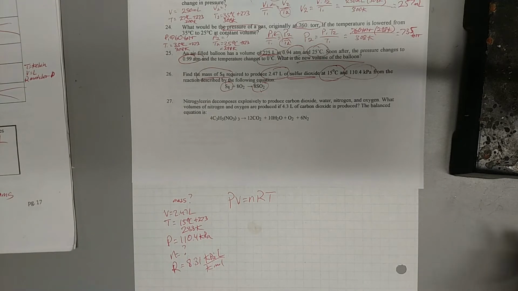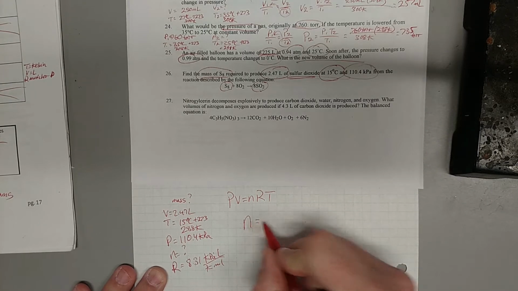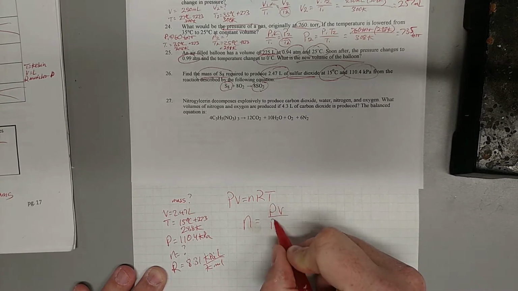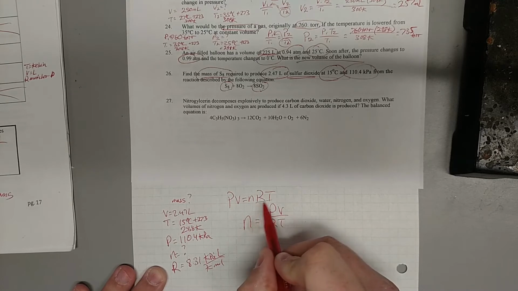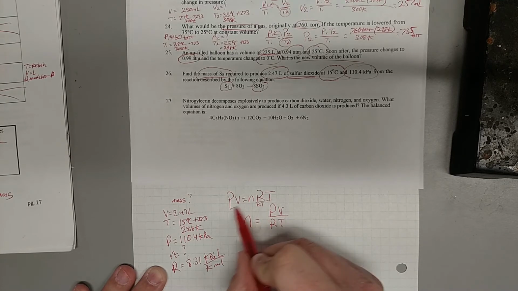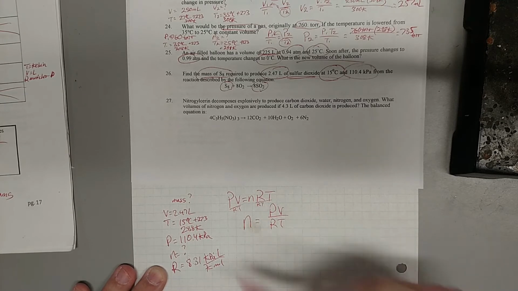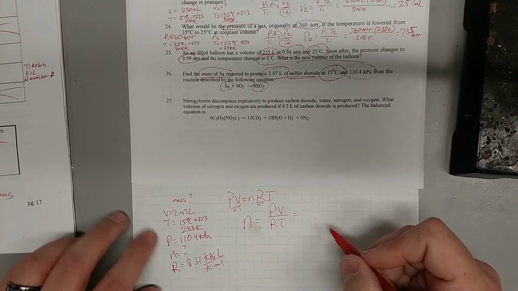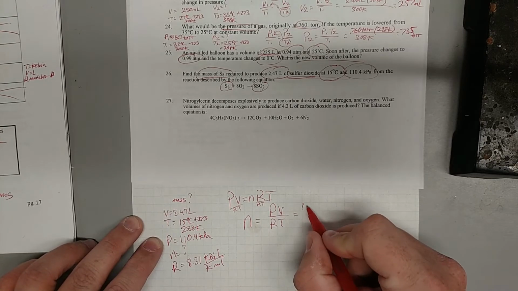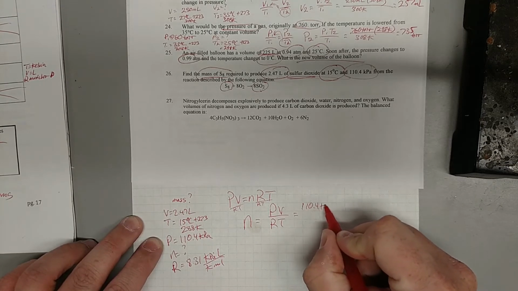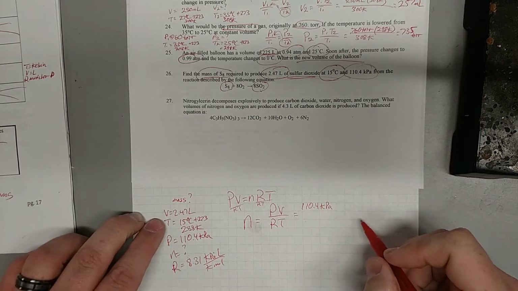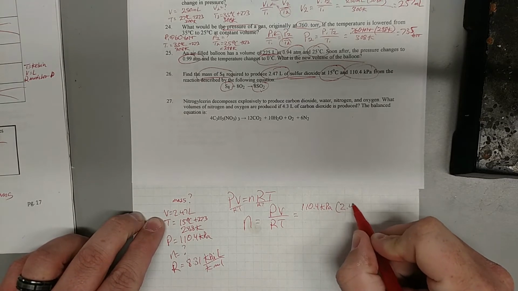And see, now we can easily solve for N. N is going to be pressure times volume over R times temperature. I just divided both sides by RT, and that gets N isolated. Our pressure is going to be 110.4 kilopascals. Our volume is going to be 2.47 liters.